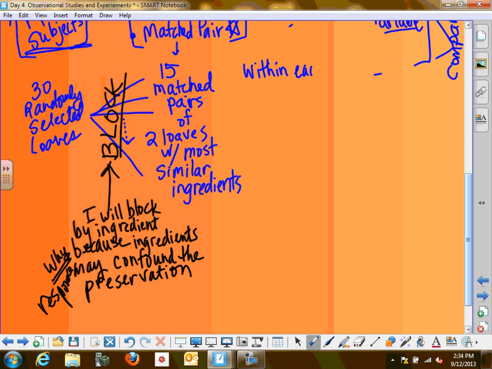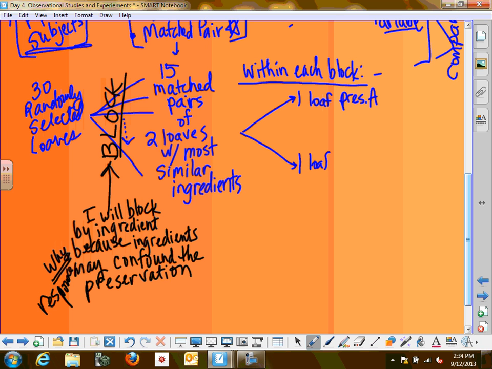Within each block, because each pair is a block, I'm going to write it once. I'm going to take my little things here, and I'm going to put one loaf, I'm going to cook it with preservative A, and one loaf, I'm going to cook it with preservative B.